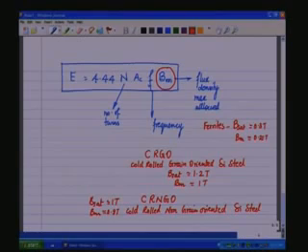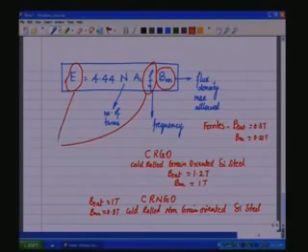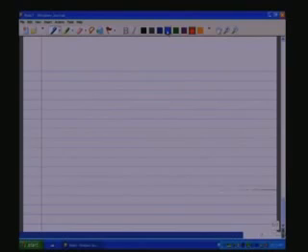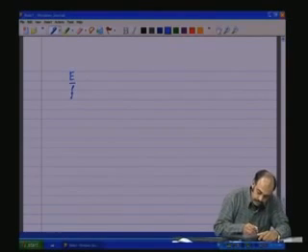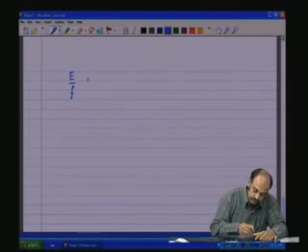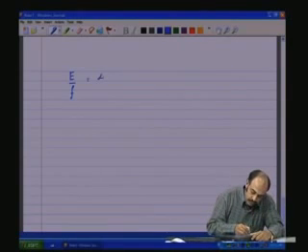Now, look at a slightly different formulation of the equation, with E and f brought together on one side. In that case, we have E by f equal to 4.44 N Ac Bm.